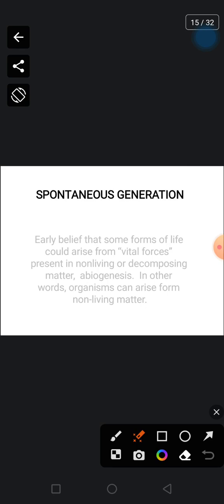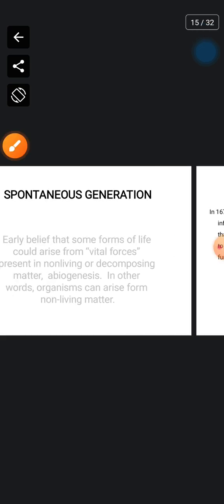Early people believed that some types of vital forces are present in non-living or decomposed matter, and that this non-living material could produce living material. This process is called abiogenesis. In other words, abiogenesis is defined as organisms arising from non-living material. A living organism arises from non-living matter due to the presence of some vital force. This is called spontaneous generation.